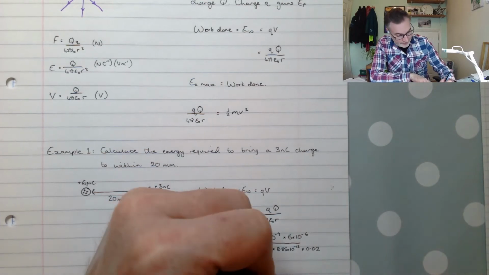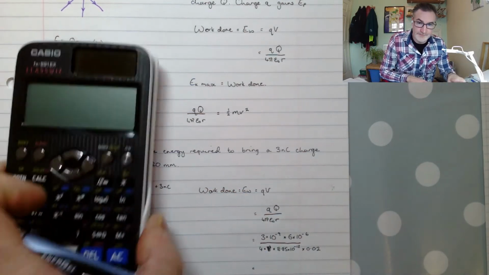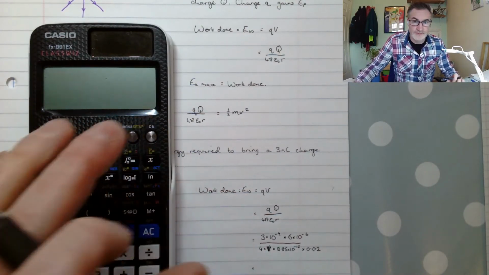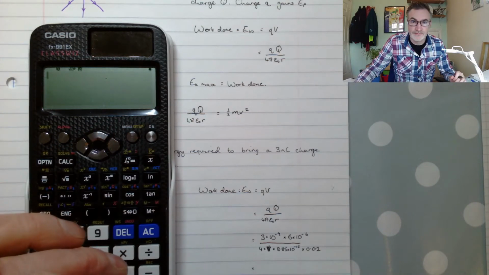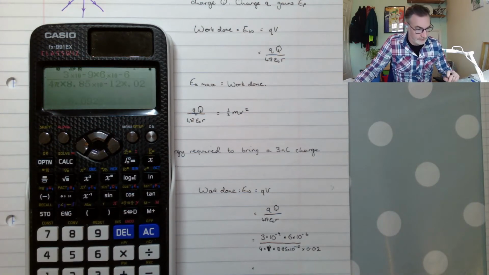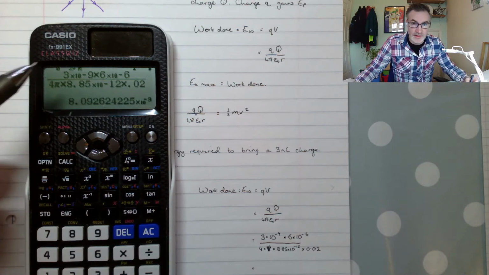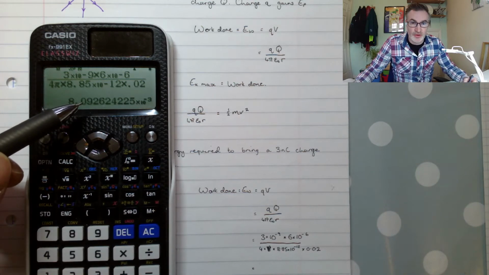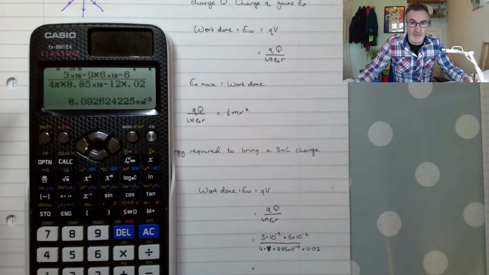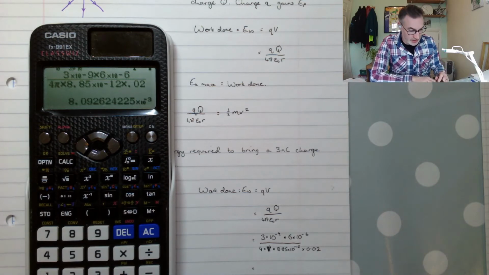Okay. So that would give us 8.1 times 10 to the minus 3 joules.